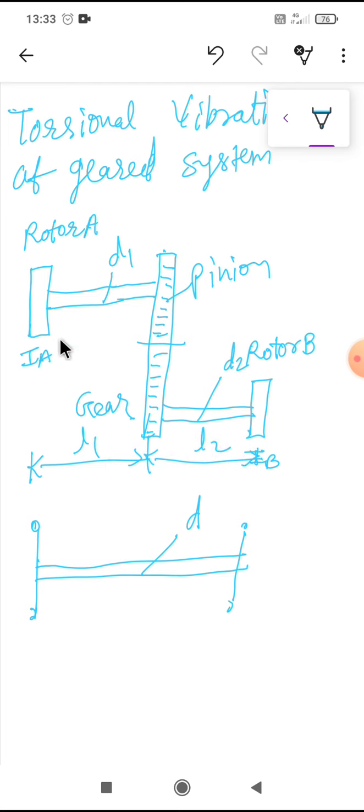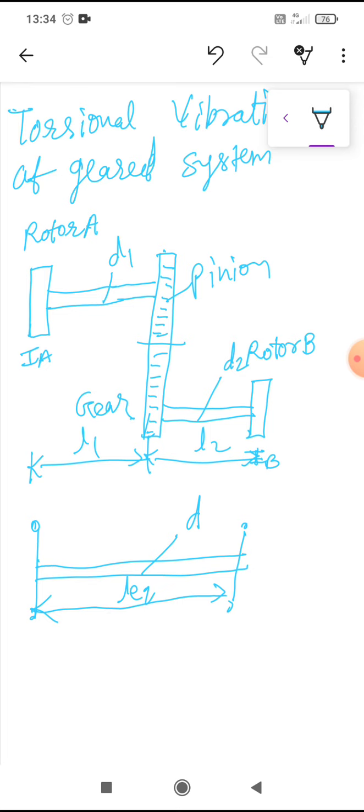Length L1 is the distance between rotor A and the pinion, and length L2 is the distance between rotor B and the gear. Now I want to convert this system into an equivalent system having diameter d instead of d1 and d2, and the total length equal to LEQ, that is the equivalent length.